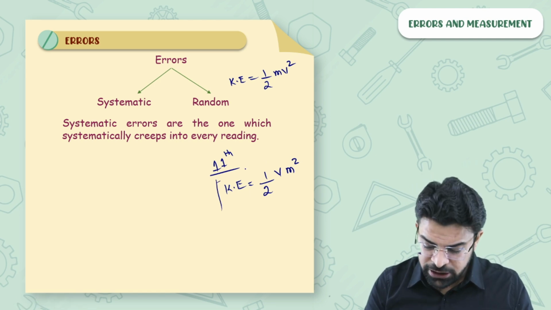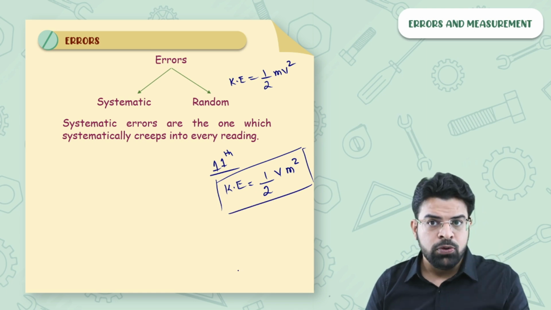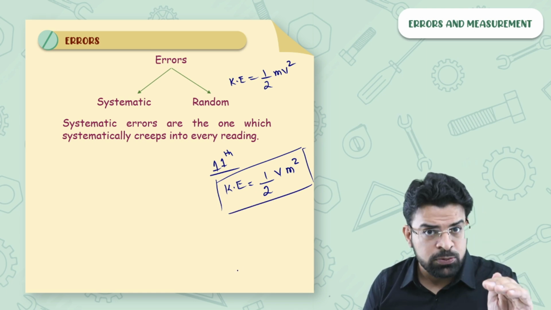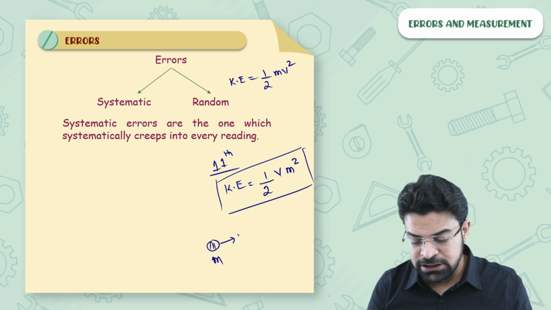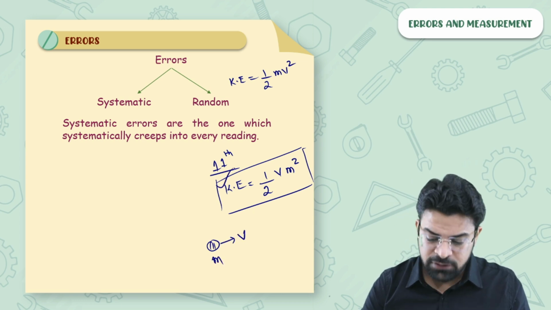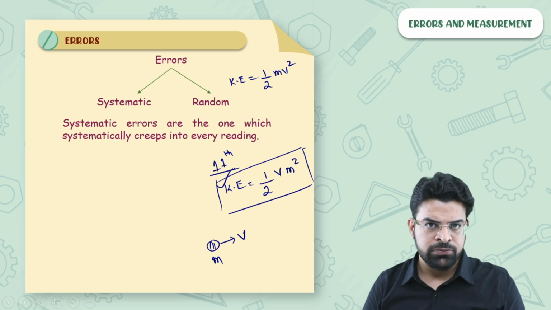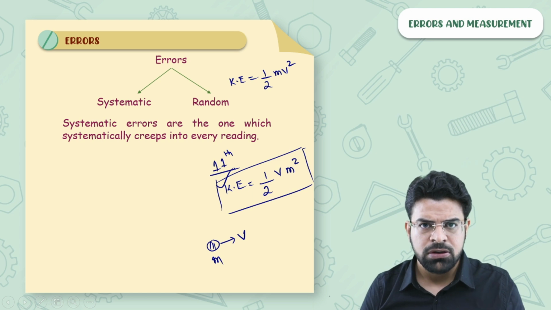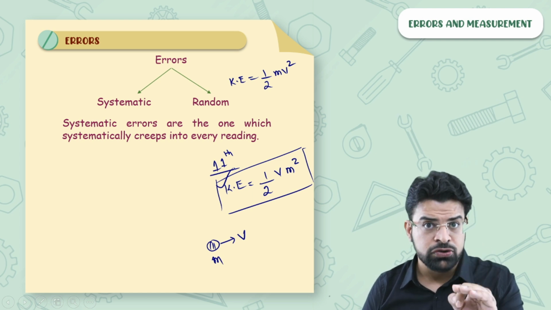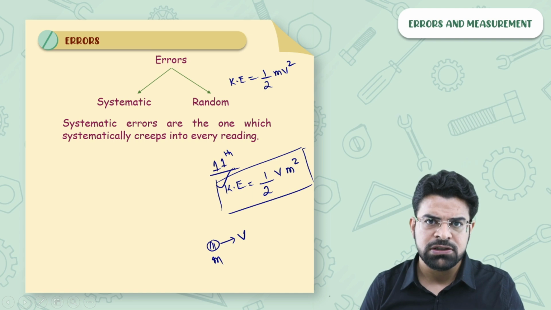Now this student who bought this book, who learned the formula from this book which is wrong, finds the mass of the ball, finds the speed of the ball, applies the formula, calculates the kinetic energy. Is the formula being applied by the student right? No, it's wrong. So will the reading produced by him have errors? Obviously.